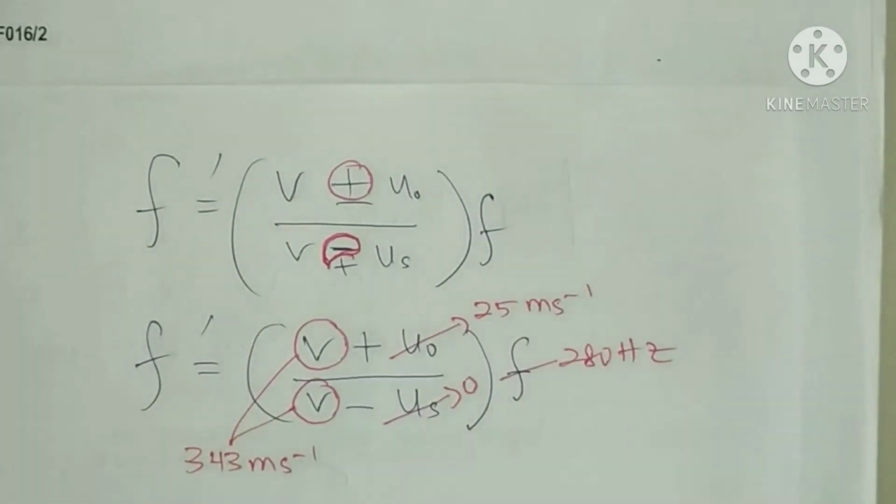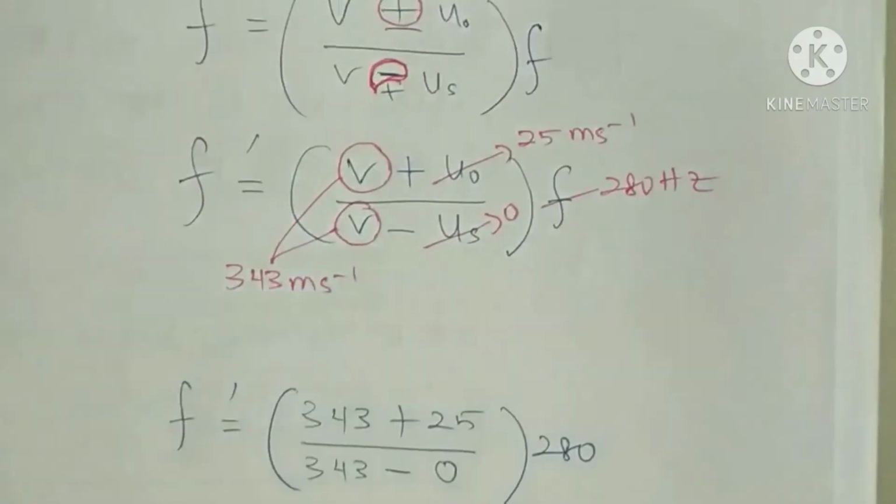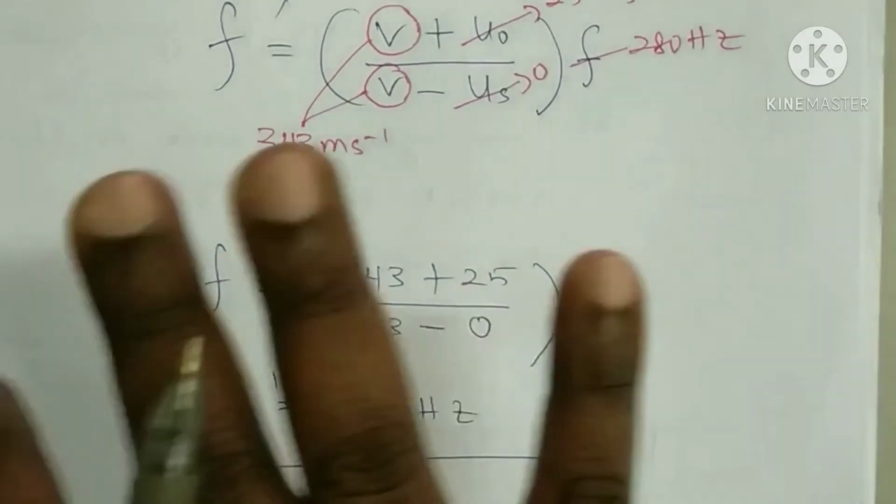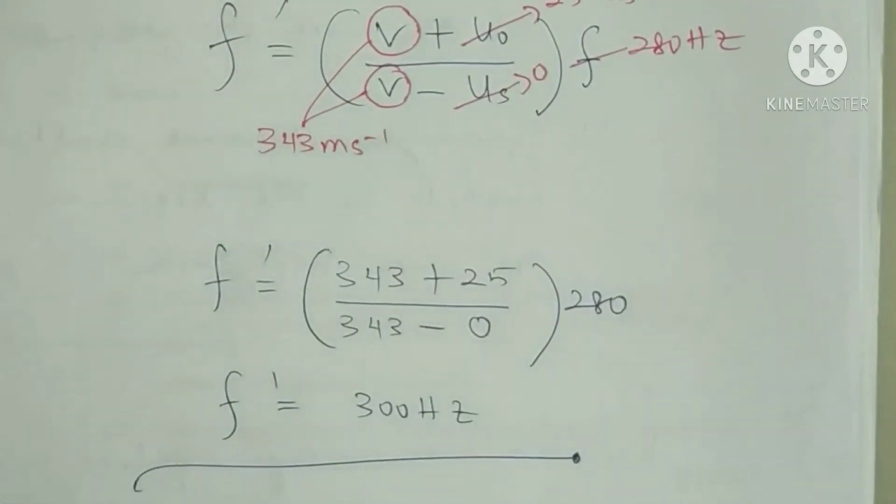So you can substitute all the values accordingly. Then you will get the apparent frequency as 300 Hz. Simple like a bubble without giving you any trouble.